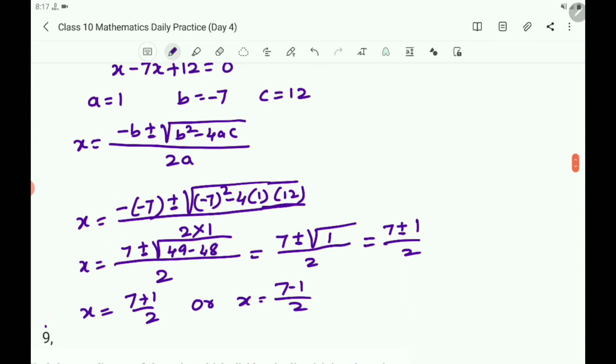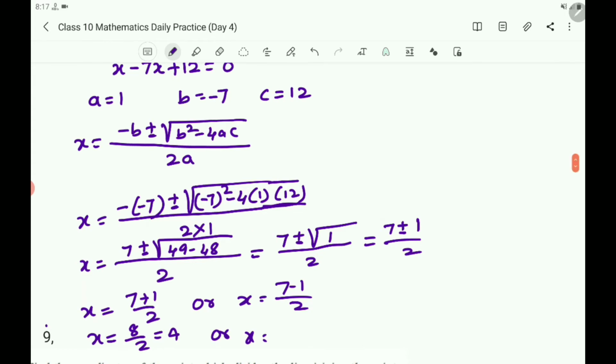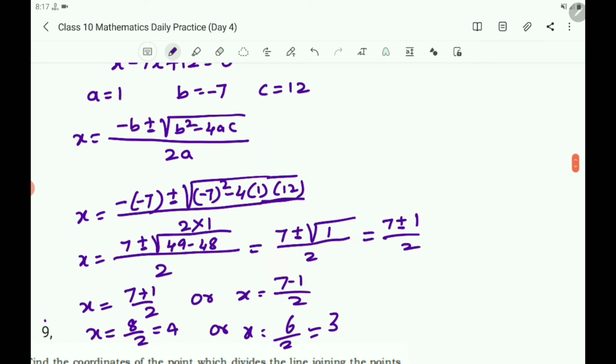So you write x equals 8 by 2, that equals 4, or x equals 7 minus 1, 6 by 2, that equals 3. So the two roots are here 4 and 3.